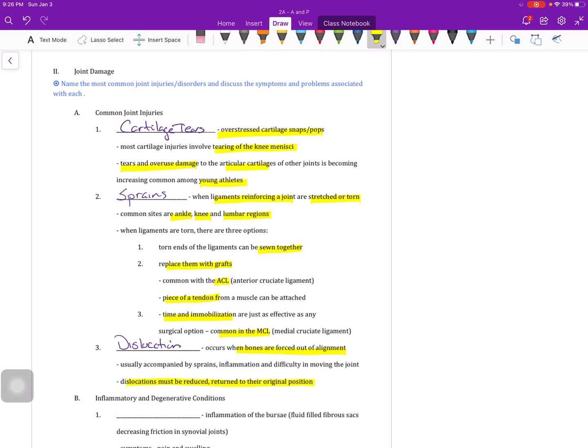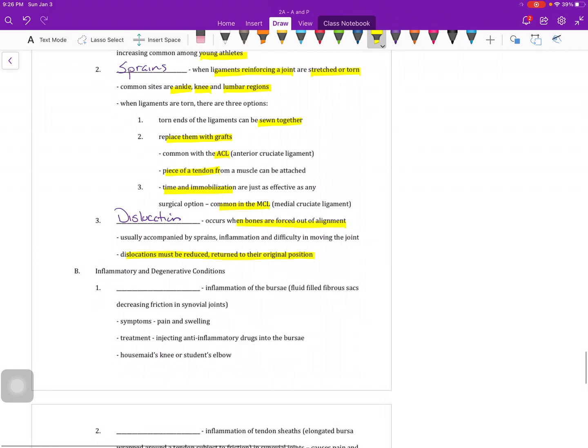Going on to some inflammatory and degenerative conditions. The first one we want to talk about is bursitis. That's inflammation of the bursa sac. When you have these fluid-filled sacs, you have a decrease in the fluid.